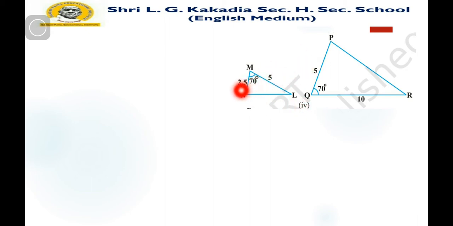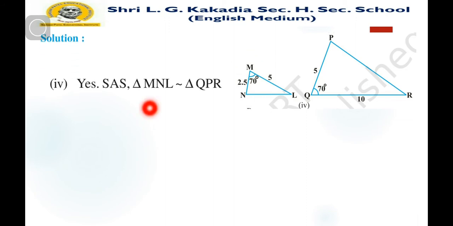So by the SAS criterion, we can say that both the triangles are similar. Here M corresponds to Q, L corresponds to R, and N corresponds to P. So, by the SAS rule, side angle side, we can say triangle MNL is similar to triangle QPR.